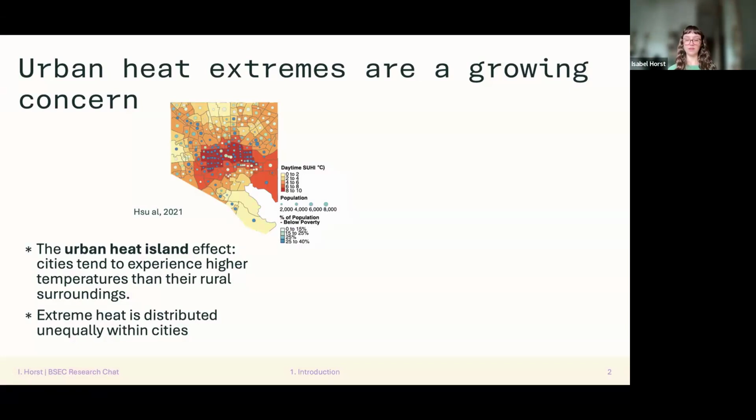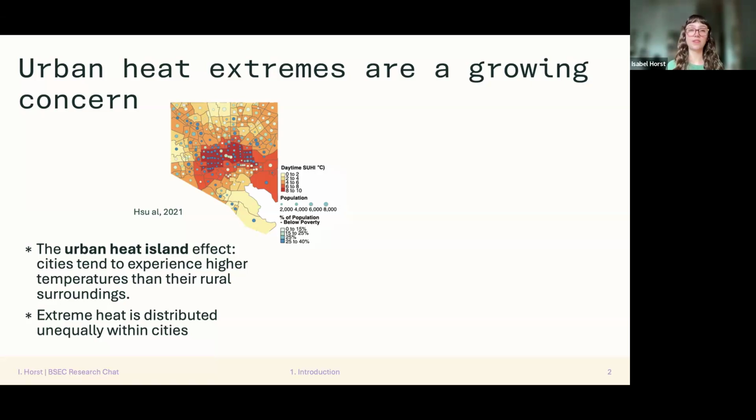This can be hazardous to our health because an increasing majority of the world's population lives in cities, and extreme heat has a lot of negative health effects. It also hurts our infrastructure, means we need more energy to cool our homes. And then there's also intra-urban variability within a city where very frequently the burden of extreme temperatures falls disproportionately on neighborhoods with high socioeconomic vulnerability, like this plot shows for Baltimore.